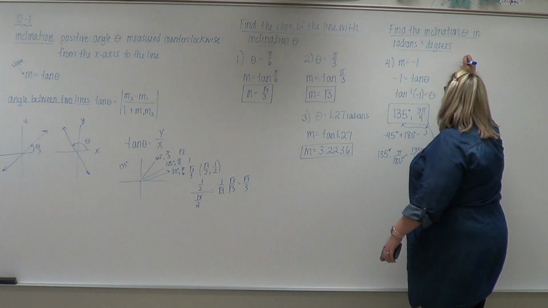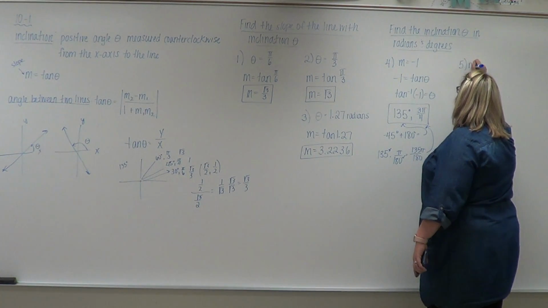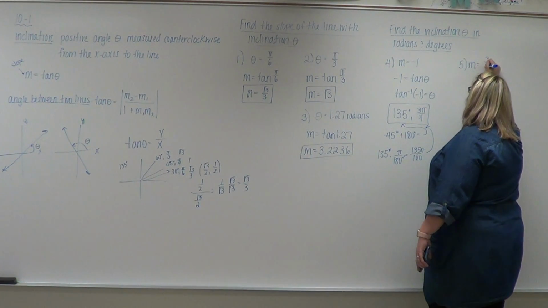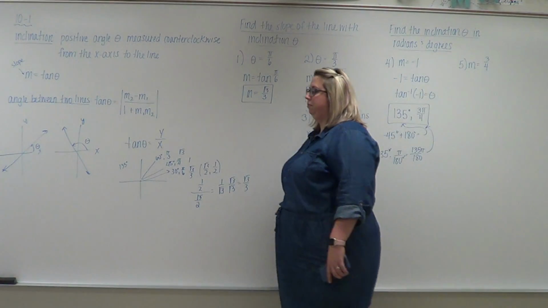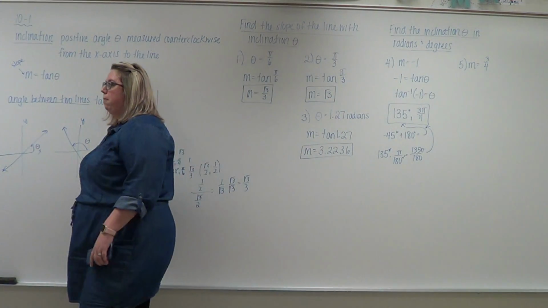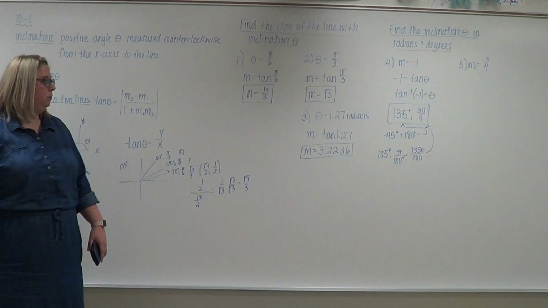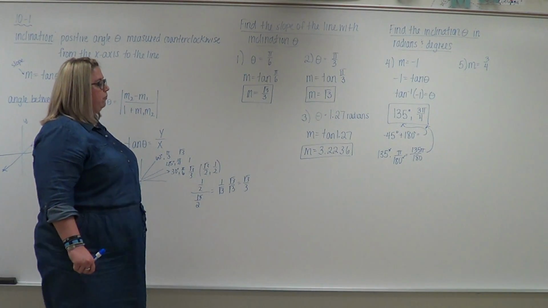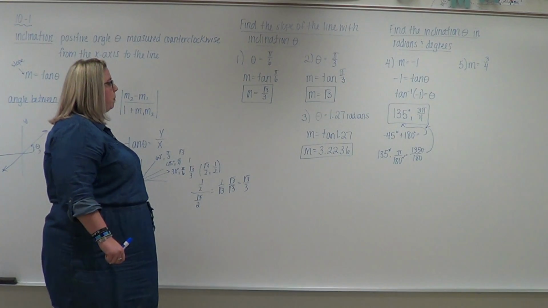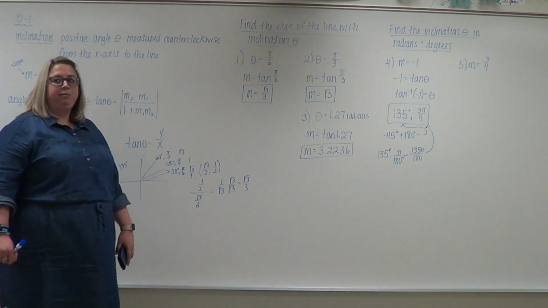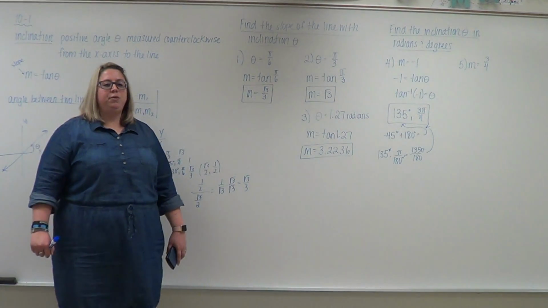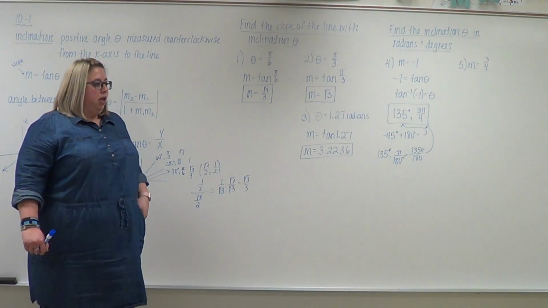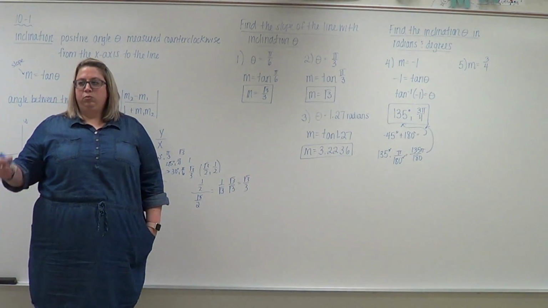Alright, let's do one that's not on your unit circle. 3/4. Okay. What quadrant would this one be in? Positive slopes, quadrant 1.